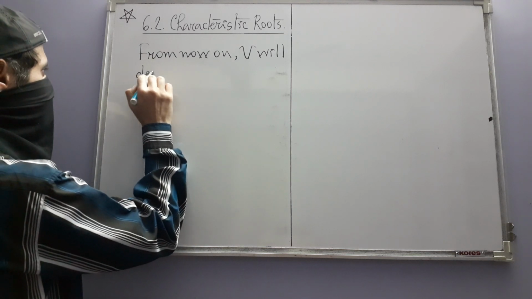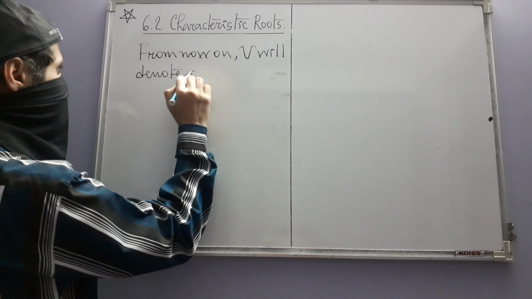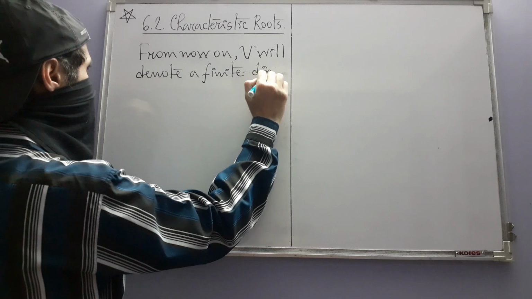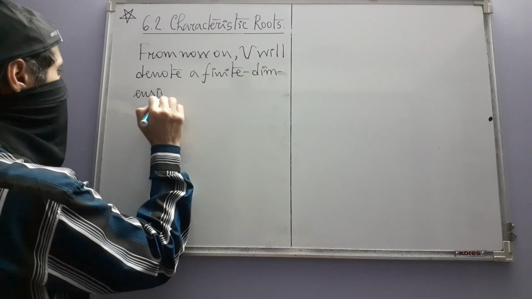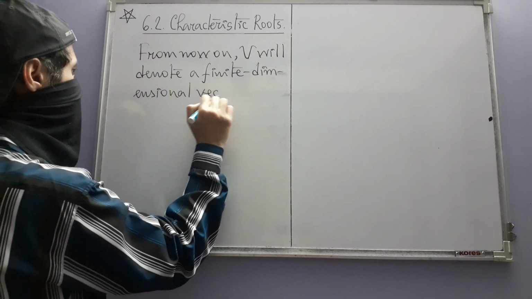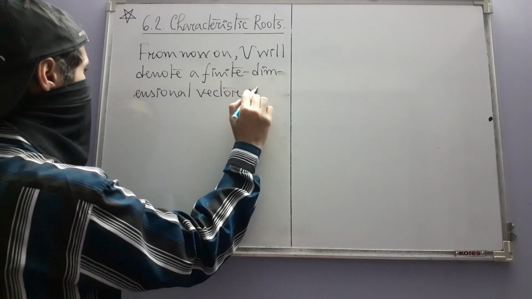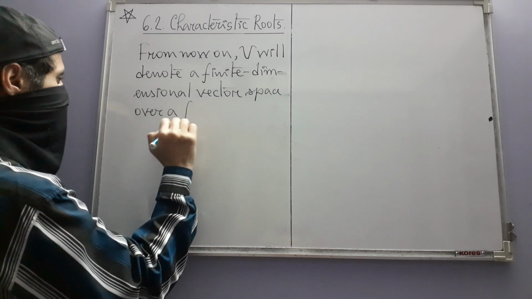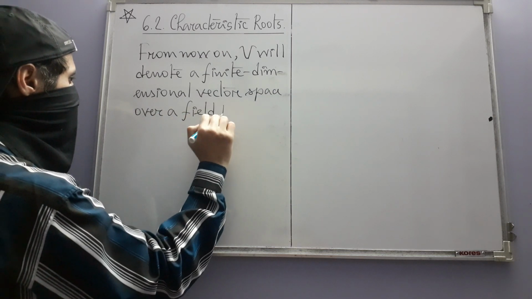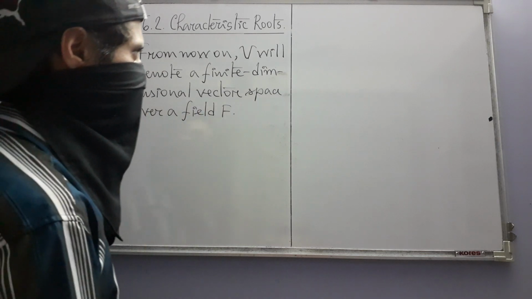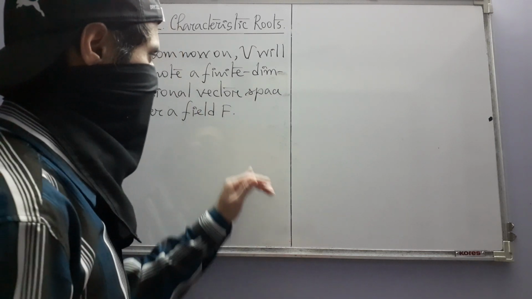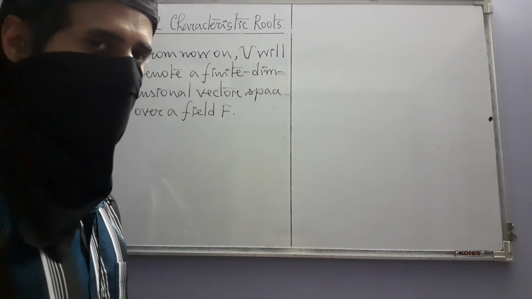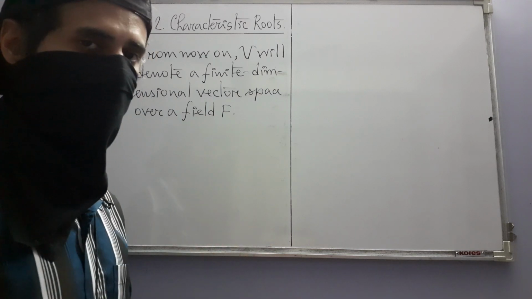We will denote a finite dimensional vector space over a field F. This finite dimensionality we are not going to mention explicitly anymore, unless we have some compelling reason to do that.